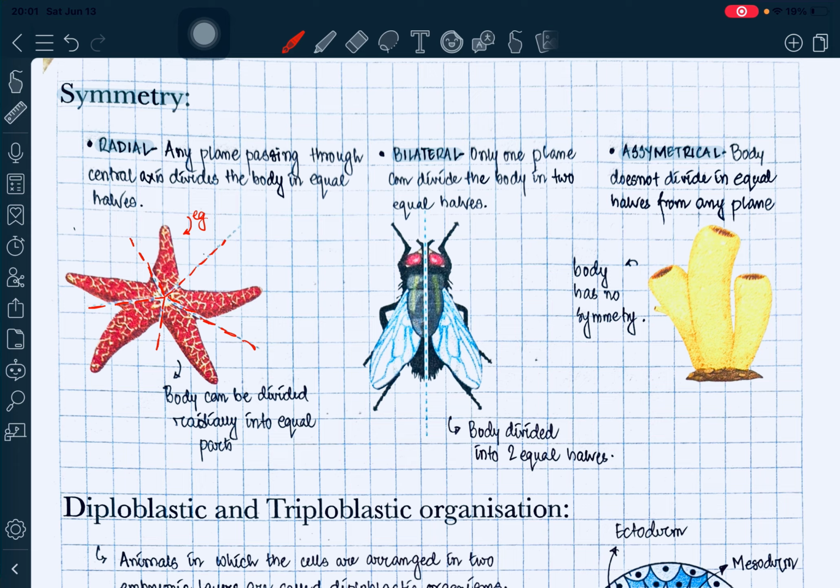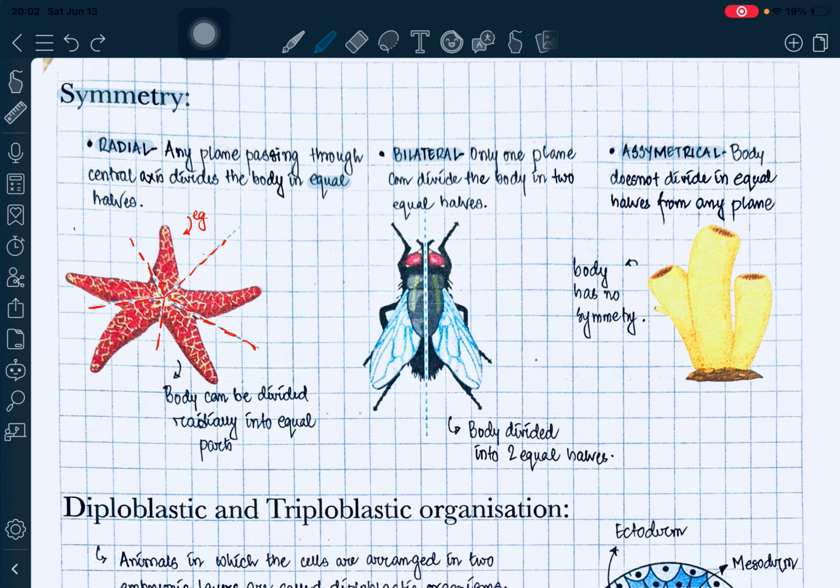Such kind of symmetry will be referred to as radial symmetry. You are not actually cutting the organism, but if you see a starfish, each of its arms can be taken out separately, and it will form equal halves. In that case, we will call the organism radially symmetrical.